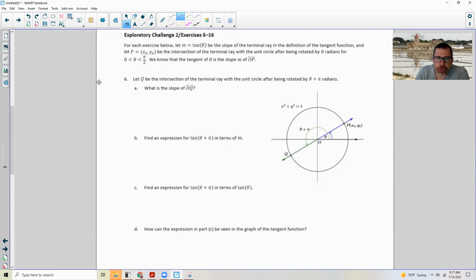Okay? So number 6 says, let Q be the intersection of the terminal ray with the unit circle after being rotated by theta plus pi radians. So if P is here at theta, theta plus pi would put Q over here. And it says, what is the slope of OQ? Well, the slope of OQ would equal the slope of OP.